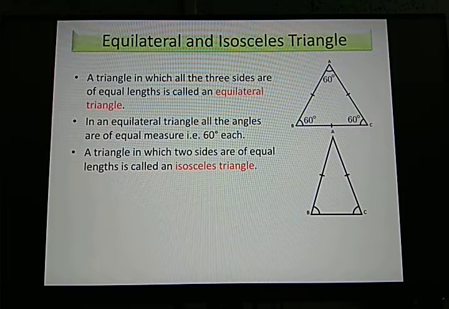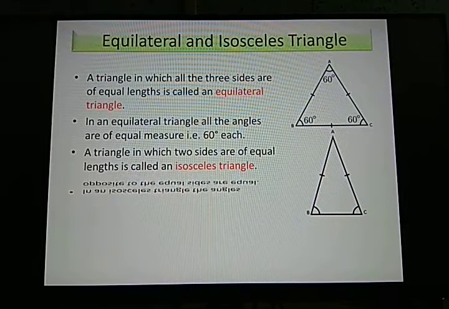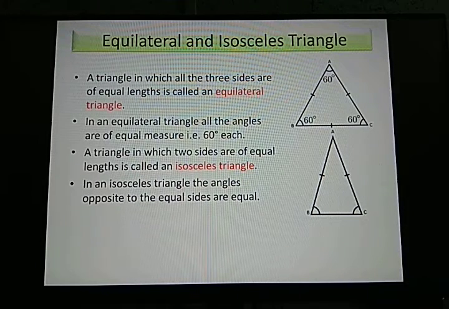So if any two sides of a triangle are equal, then such a triangle is called an isosceles triangle. Now here is also one interesting fact about an isosceles triangle: the angles which are opposite to the equal sides are also equal. So that is what is said in the next point. In an isosceles triangle, the angles which are opposite to the equal sides are equal.